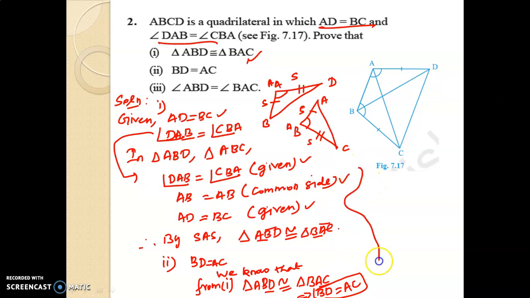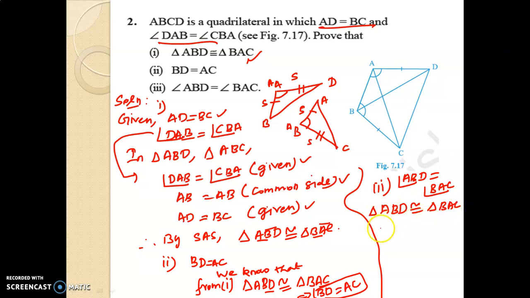And what about the third one? In the third one, the angles are angle ABD equal to angle BAC. The same thing. From the first subdivision, triangle ABD is congruent to triangle BAC.